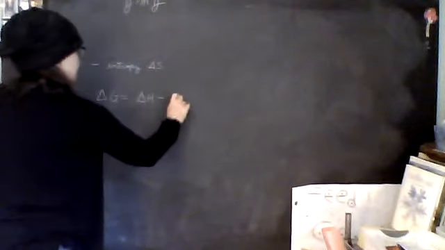Well, let's look at equation 13.13. Delta G is going to equal delta H minus T delta S. Right?